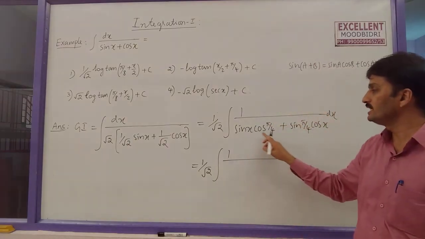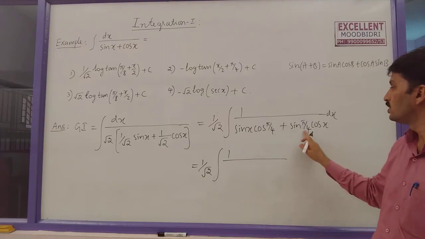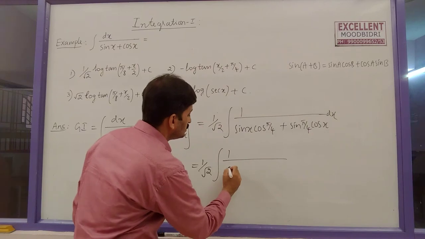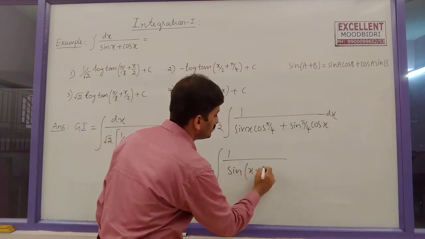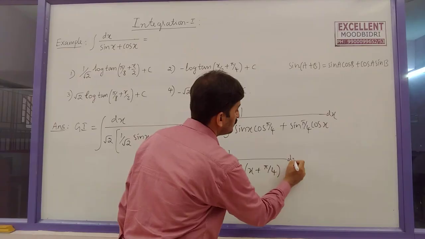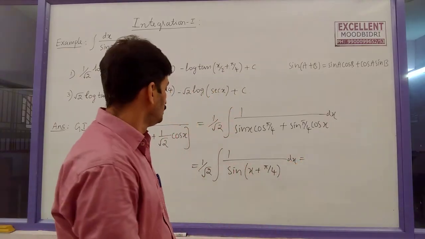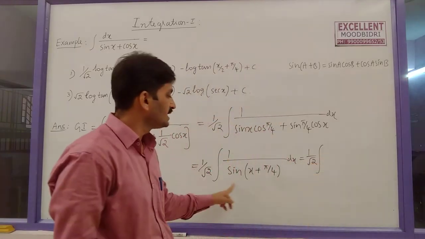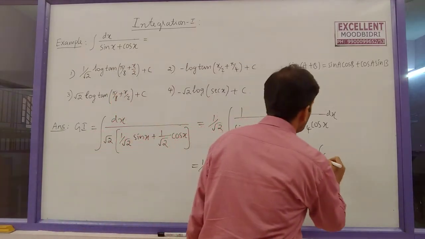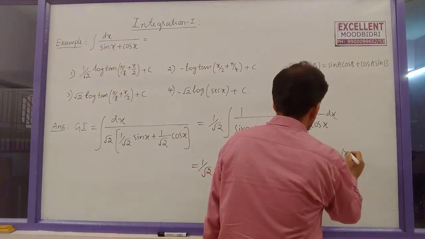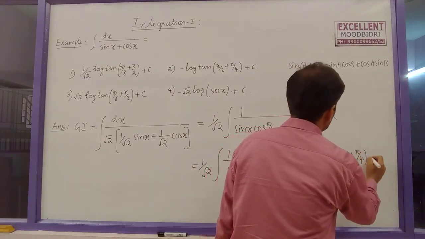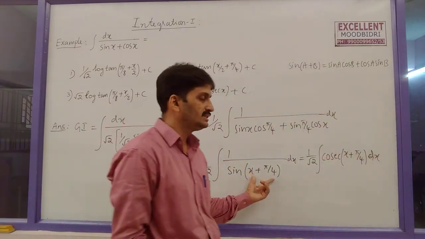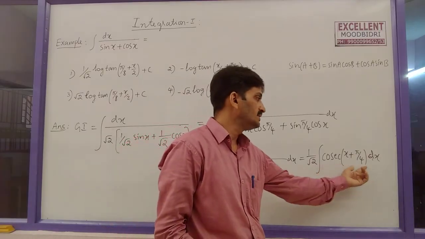This is in the form of sin a cos b plus cos a sin b, sin of a plus b. So sin of x plus pi by 4 dx, correct? Which is equal to 1 by root 2 into, now 1 by sin theta is cosec theta, cosec of x plus pi by 4 dx, correct? Why? Because 1 by sin theta is cosec theta.